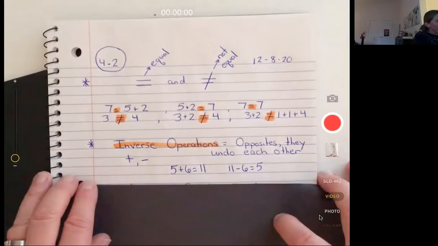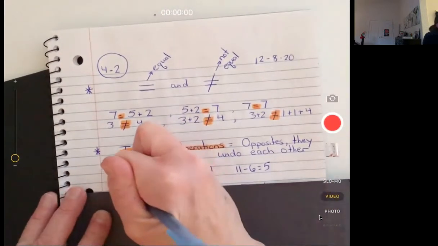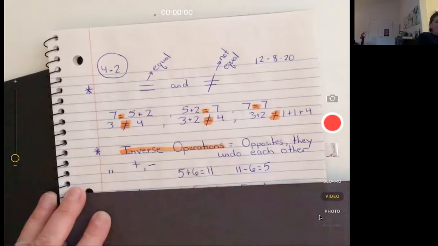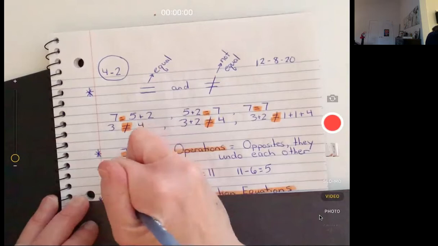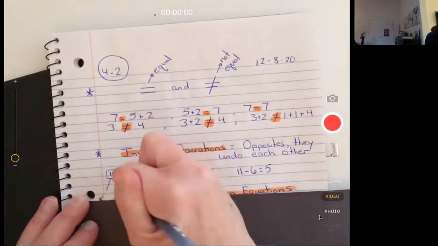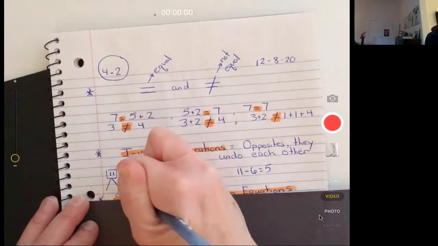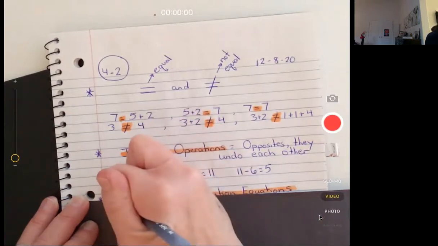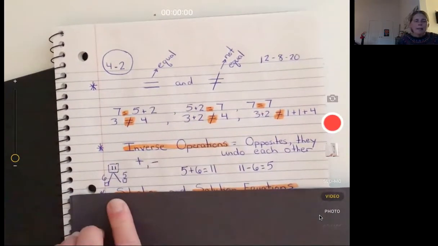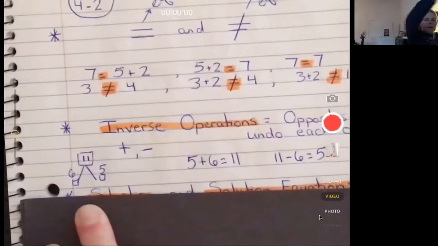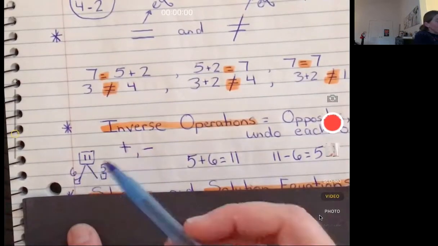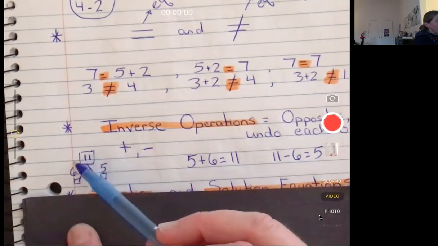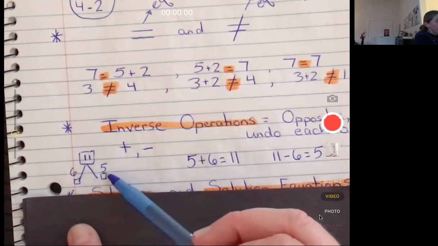Sometimes when we're thinking about this, we also can think of that triangle. I may have my sum up at the top, and then down below I will have my other numbers, right? So sometimes it might look like that. That is so small, I'm sorry. The sum is 11, and I can go around. Maybe this way I'm going to go 11 minus 6 equals 5.